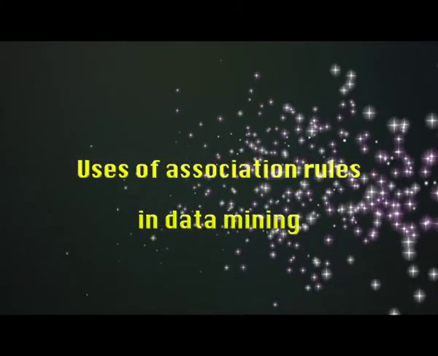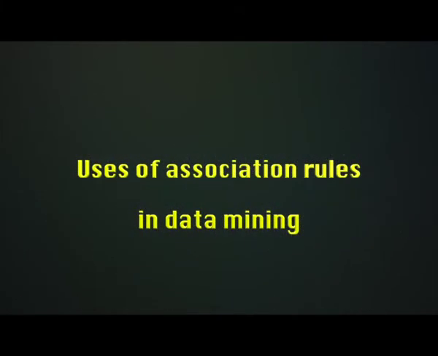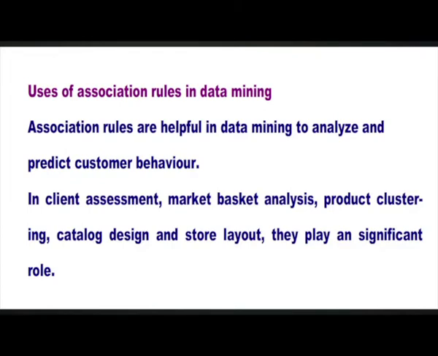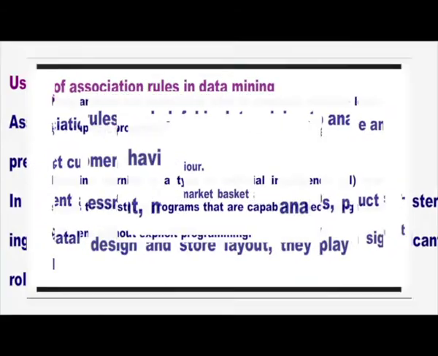Uses of association rules in data mining. Association rules are helpful in data mining to analyze and predict customer behavior. In client assessment, market basket analysis, product clustering, catalog design and store layout, they play a significant role.